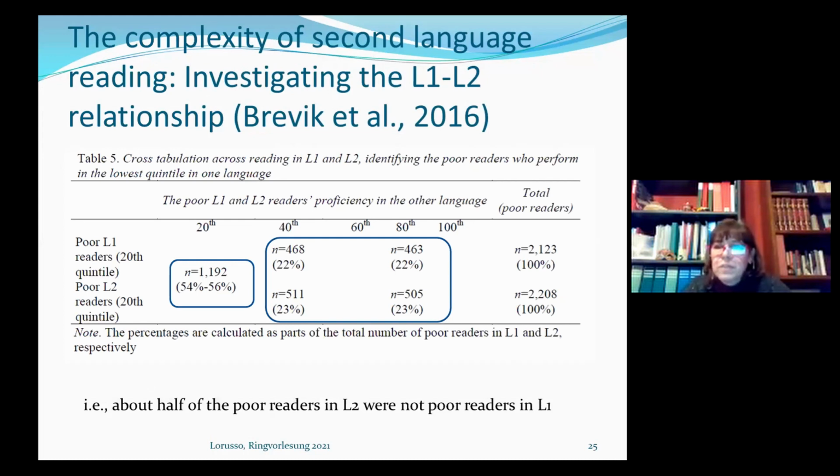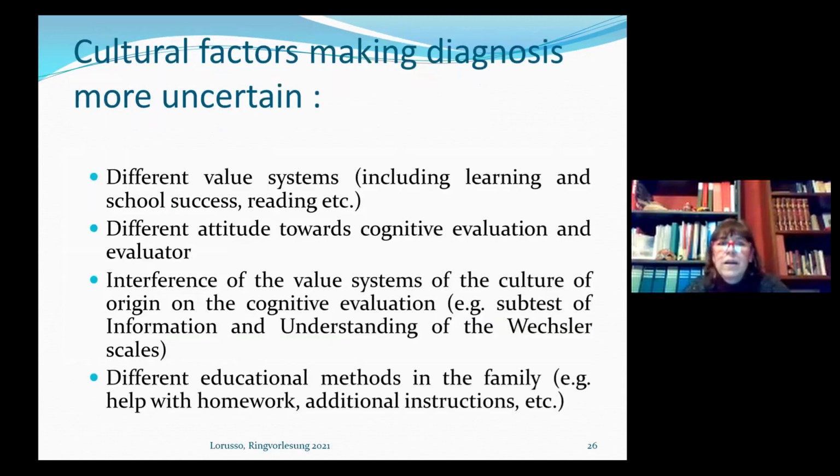So this is again evidence in support of this language-specific or script-specific portion of the interaction between the languages in the written forms, which, as the authors of this study highlight, does not only depend on the linguistic characteristics of the scripts, but also on social and various environmental factors. So there are cultural factors that can additionally interfere with diagnosis and make it more uncertain.